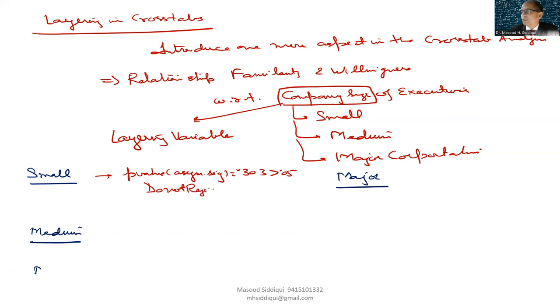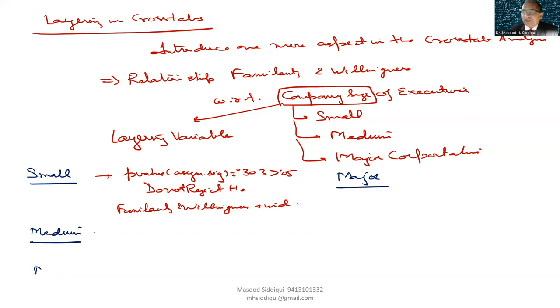We do not reject H naught, meaning familiarity and willingness are independent. Meaning there is no point in making use of familiarity for increased willingness for small company executives. This is for small.